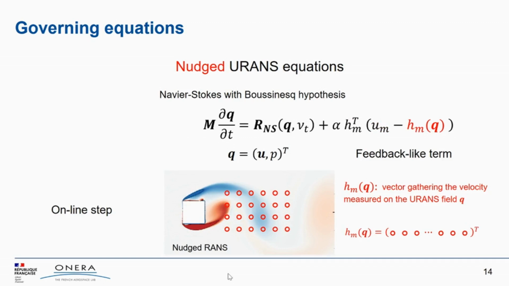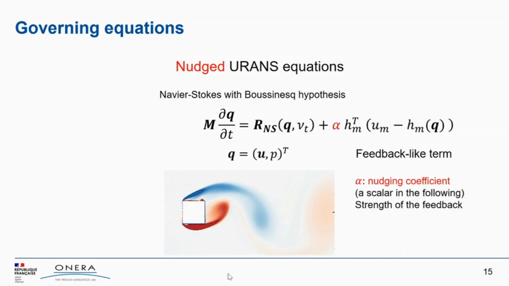And then during an online step, you implement the operator HM, which is the measurement operator, and when you apply that to the solution Q, you obtain a vector that gathers the velocity measured of the URANS field. And so when you compare the two, you have the error between the output of the model, HM Q, and the data, UM.